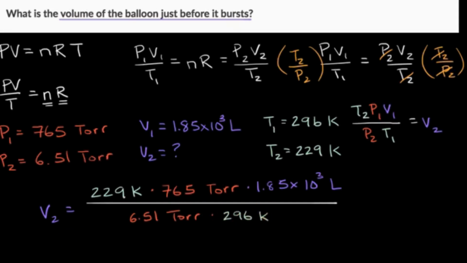And we can confirm that the units work out. Torr cancels with torr, Kelvin cancels with Kelvin. So we're just going to have a bunch of numbers, a calculation, and the units we're left with is liters, which is good because that is what we care about when we care about volume.